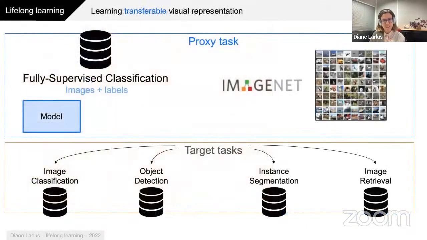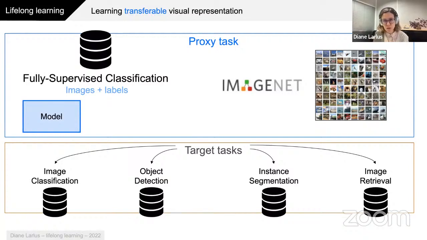So let me go back now to the initial task we want to solve. Because we've seen that we can train visual representations by training a model to classify the 1,000 categories of ImageNet. We've seen that we can also use the ImageNet images without labels by building pretext tasks.